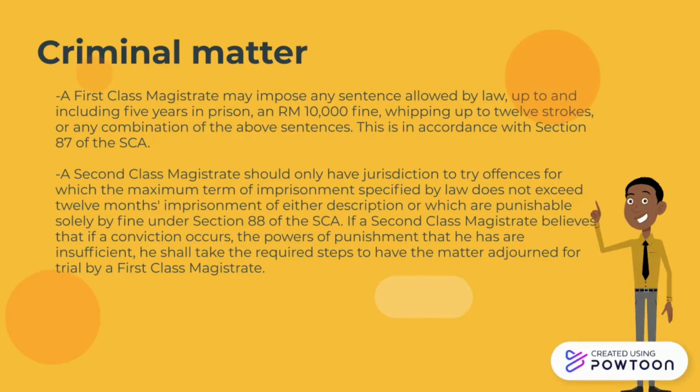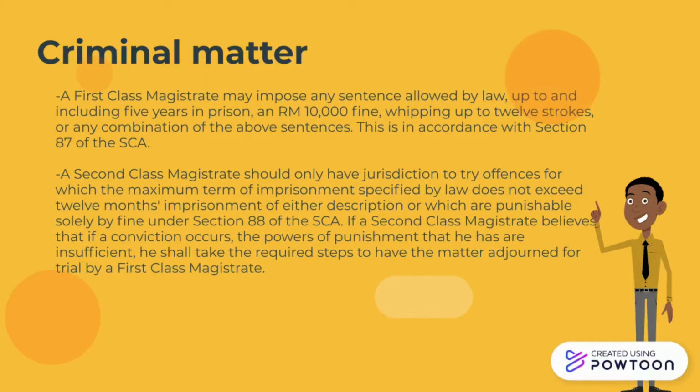A second-class magistrate shall only have jurisdiction to try offences for which the maximum term of imprisonment specified by law does not exceed 12 months imprisonment of either description, or which are punishable solely by fine, under Section 88 of the SCA.